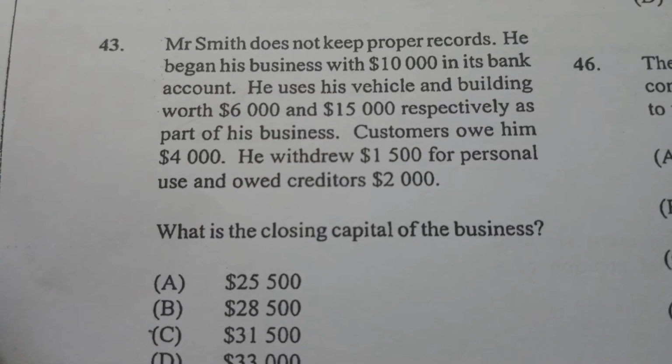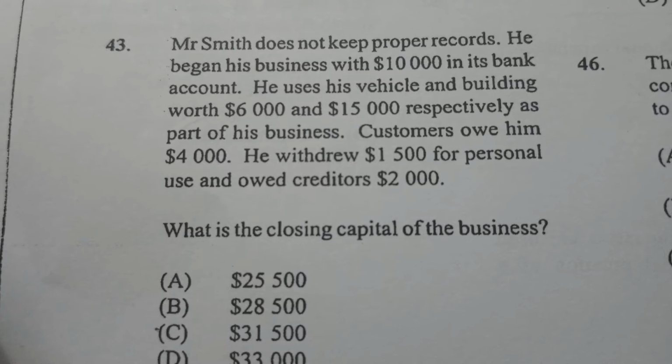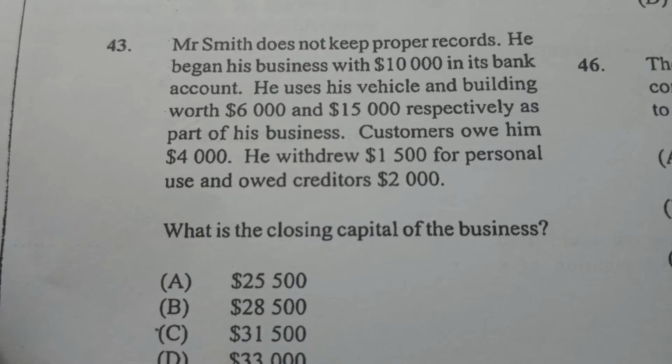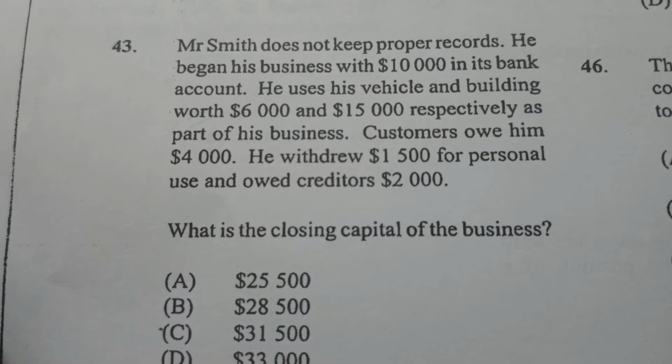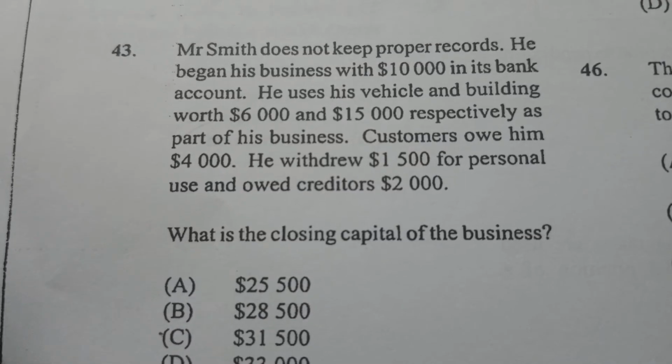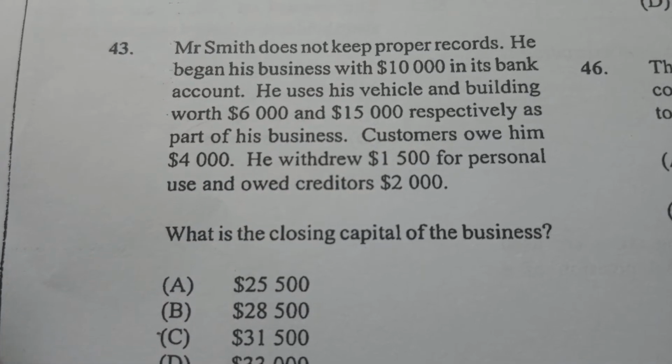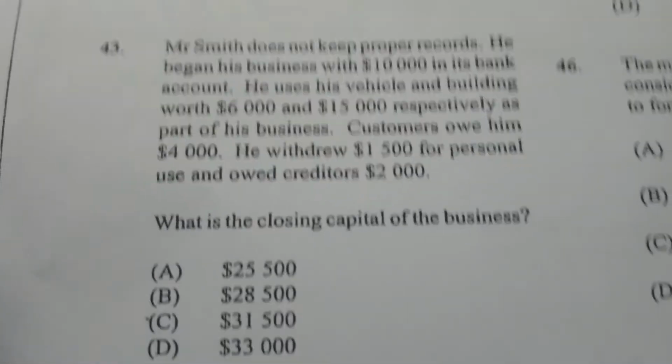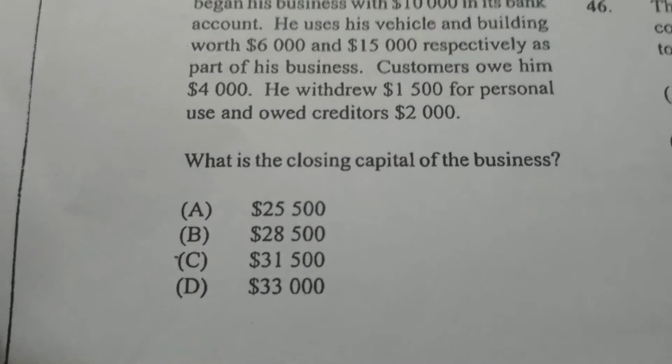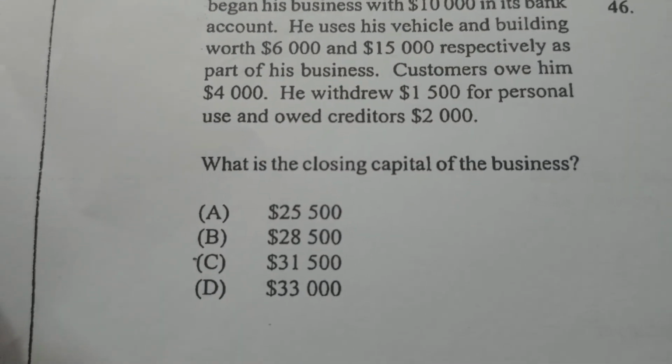When we do that, we get the working capital. We add that working capital figure to his total beginning asset, which is $31,000, and that now will give us $33,000. So our answer would be 33. D is the appropriate answer.